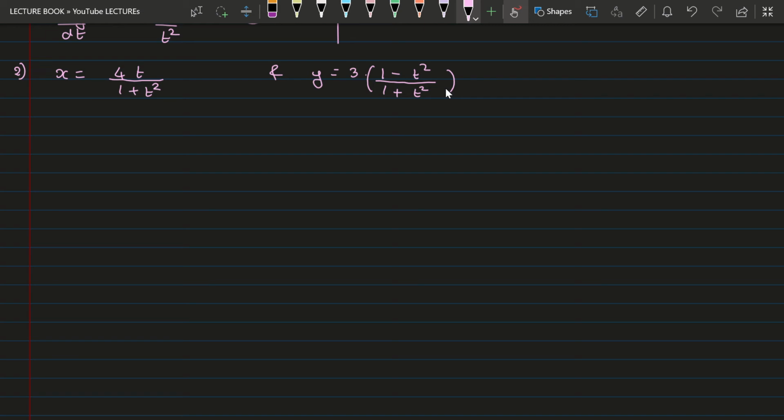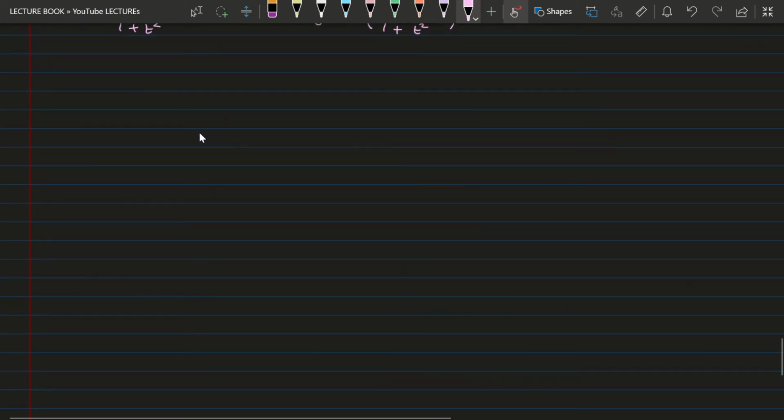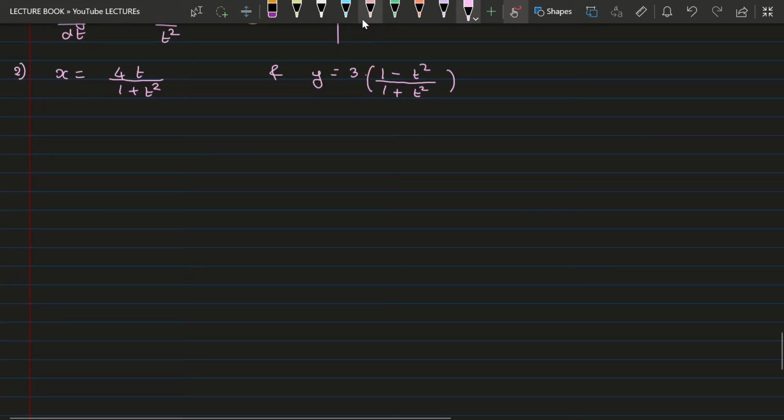We observe that x and y both are expressed in terms of t. So we have to differentiate both x and y with respect to t. Let's begin with x.